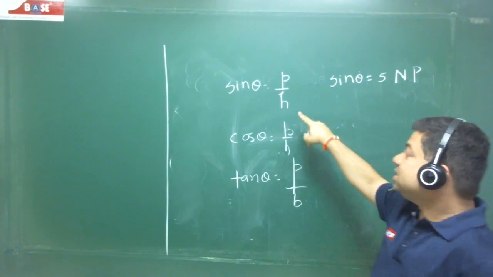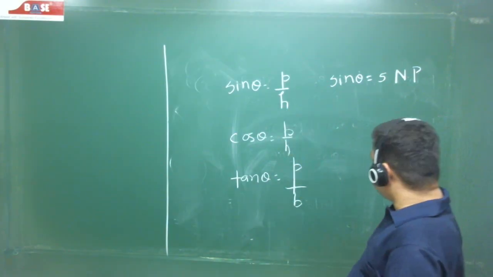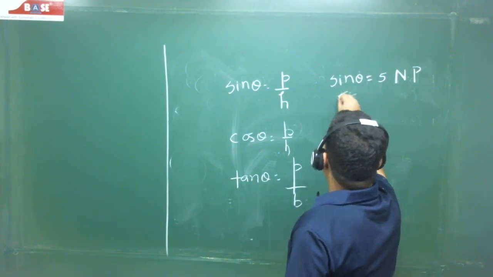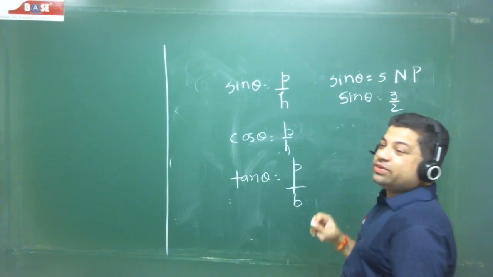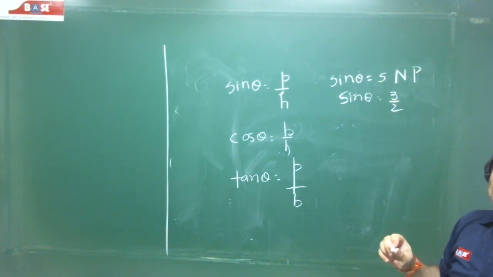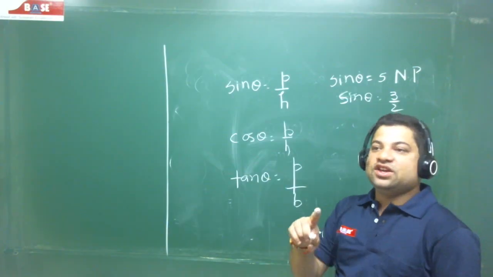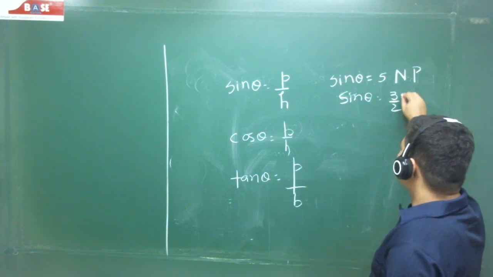Why? Since denominator should always be greater than numerator, keeping that in mind. Again, sin theta is equal to 3 by 2. How much will you get? 1.5, right? If you are getting 1.5, again this is greater than 1, right? So this is also not possible.